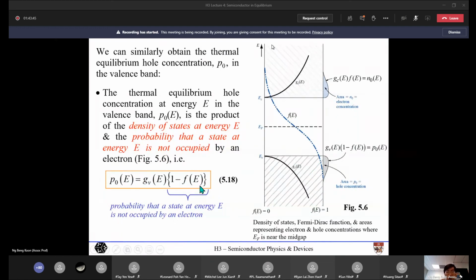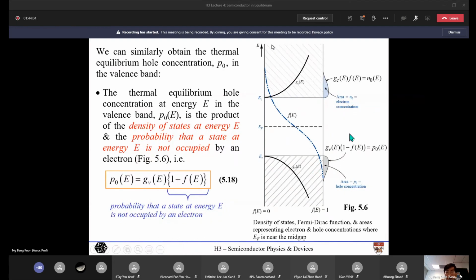So 1 minus f of E gives you the probability of not finding an electron at a state in the valence band. If you don't find an electron, then it must be a hole. So this gives you the probability of finding holes at a particular energy state.